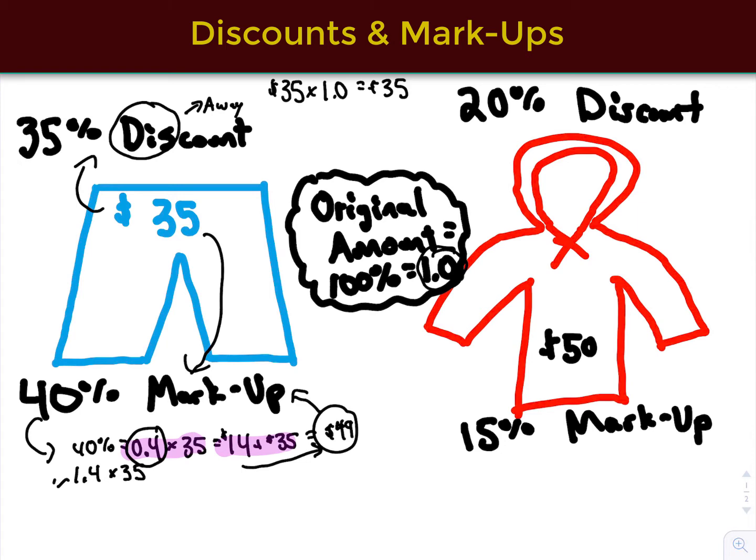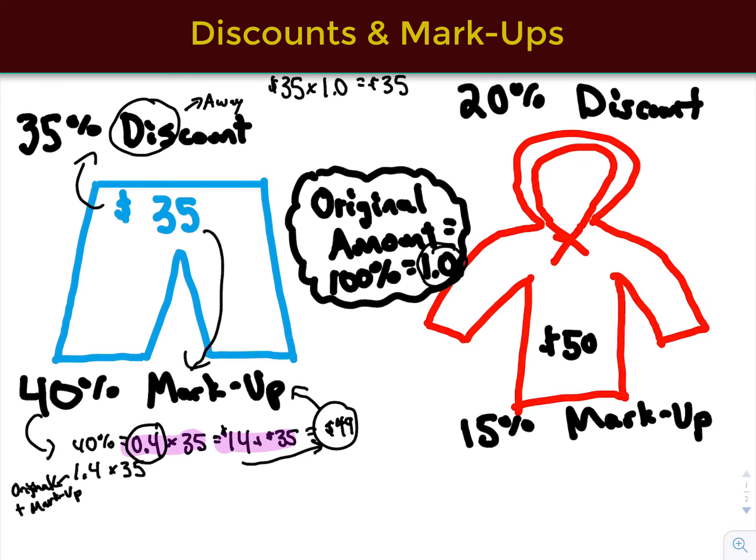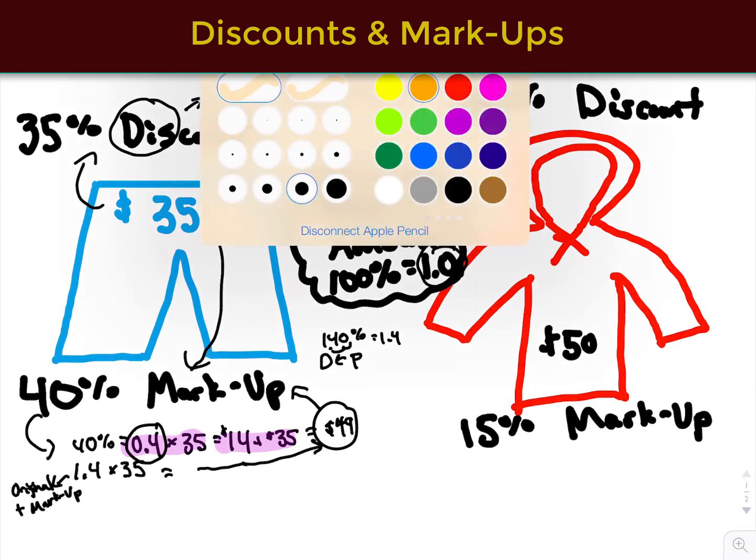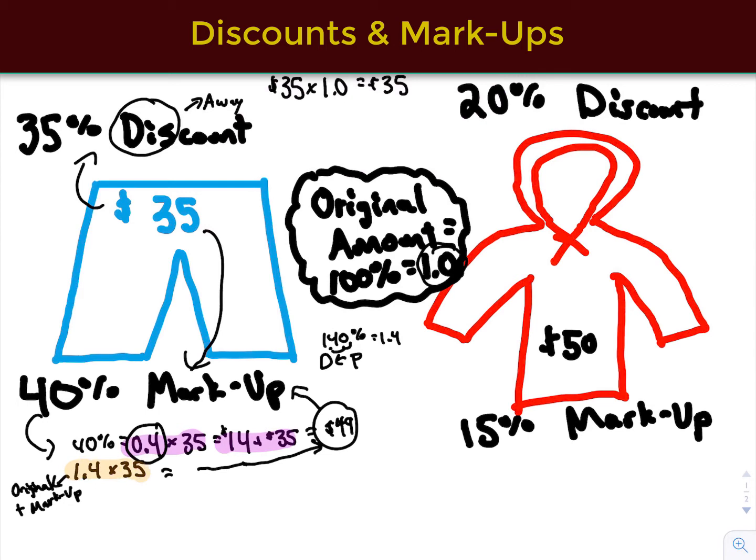So 1.4 is the original plus the markup in decimal form. It's 100% plus 40%, or 140%. And when I go from percent to decimal, I go left 2, which puts me at 1.4. And 1.4 times 35 is this $49 that we talked about earlier. That's how we can do these in just one simple step.